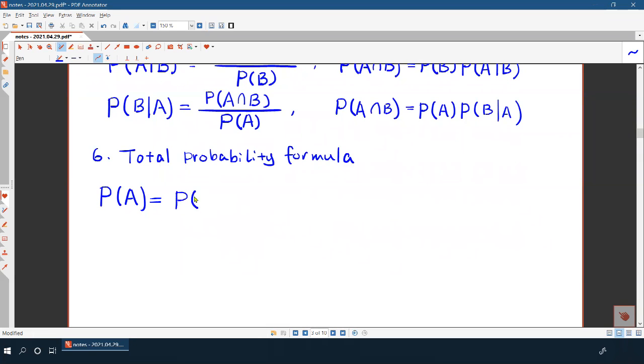First part is the probability of B times the probability of A given B, right? Next, plus the probability of B prime times the probability of A given B prime, right? This is in the case of two events. Total probability has this form.